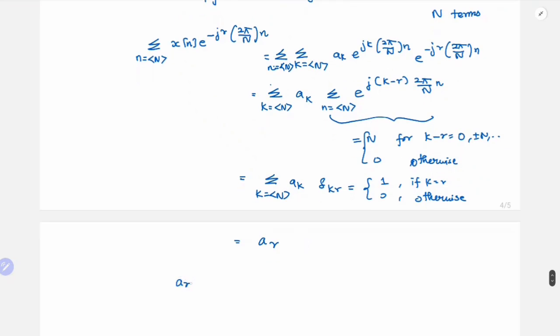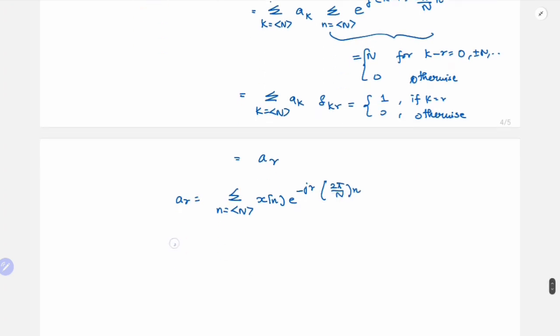And what is my a_r? The summation over n of x[n] e^(-jr 2π/N n), and let me replace r with k: x[n] e^(-jk 2π/N n).